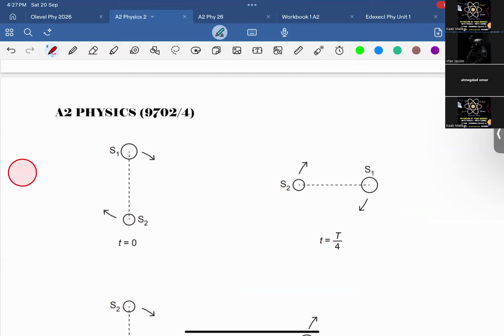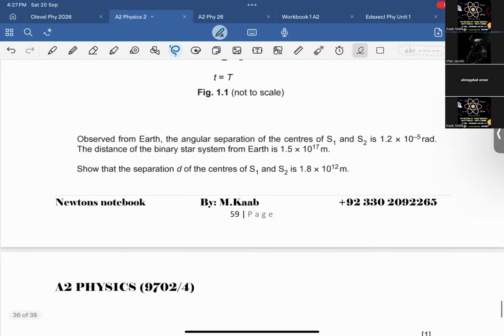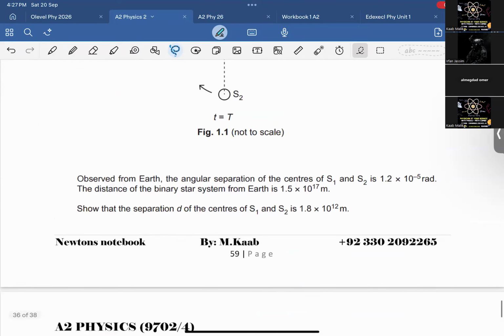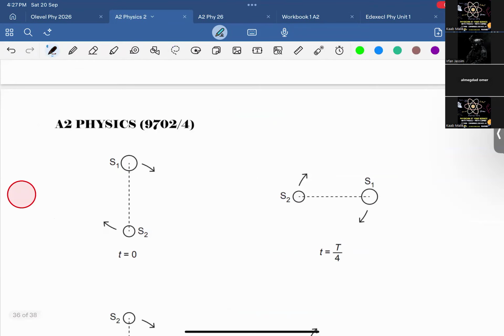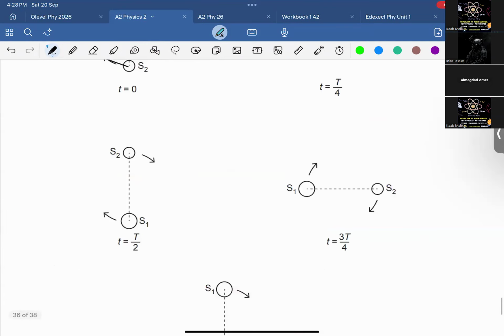The angular separation of the center of S1 and the center of S2 is in radian, 1.2 exponent negative 5.